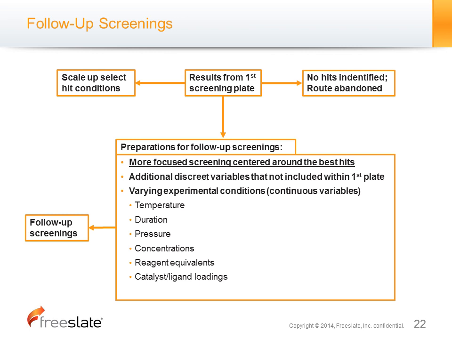So after we have done the first plate, there are several potential outcomes. One of the good ones is we actually have a fairly promising hit. So typically what we will do is we'll try to scale up the condition that looks like a hit in our plate, just to see if we can replicate it back to the regular lab scale, to see if that was still a hit.